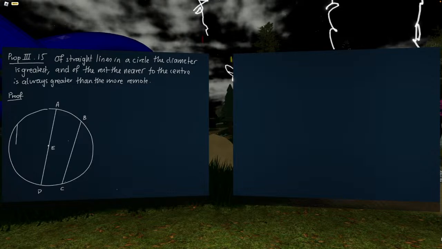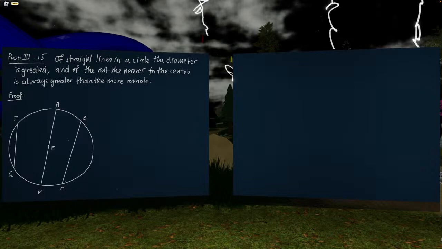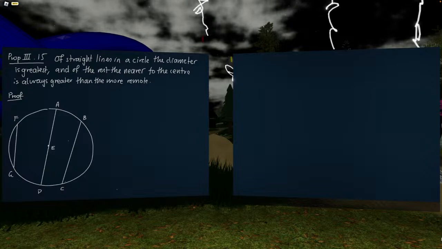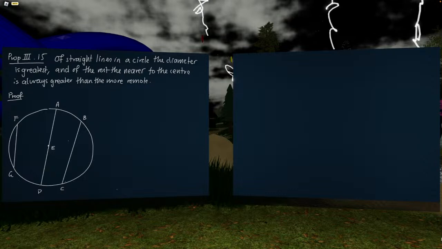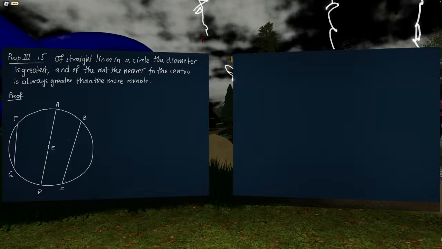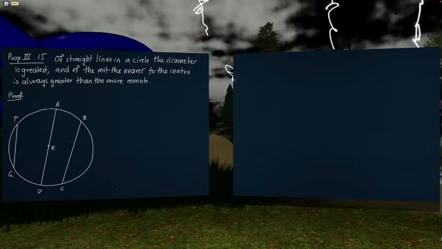Now we know what that means from what Kenneth just said. We also know that those lines from the center bisect these line segments by earlier propositions. Those lines are greater or lesser. That's what we mean by more remote or less remote. So we say AD is greatest and BC is greater than FG. I won't write it. That's the goal.